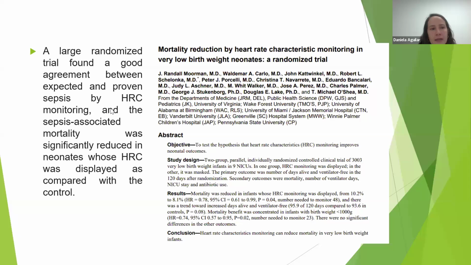But if we see a trend in the HeRO score or the heart rate characteristic that is increasing, and you will see on the display that, let's say, the day before it was 1 and now within the last 24 hours you see a patient that has a score of 2 and has stayed at 2 and is looking sick, those are patients that we should consider doing sepsis evaluations.